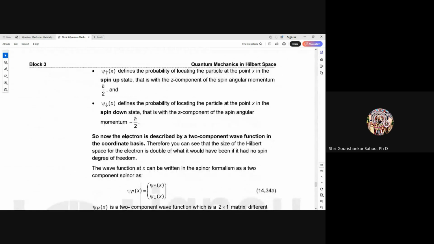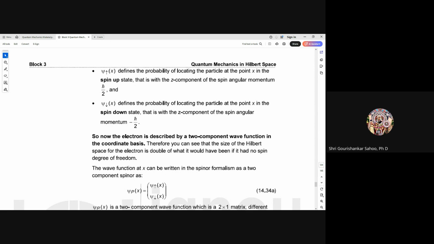So instead of representing the state of the electron at x by a single wave function psi, it makes more sense to represent the state by two functions, psi up and psi down, where psi up defines the probability of locating the particle at the point x in the spin up state, that is with the z component of spin angular momentum h-cross by 2, and psi down defines the probability of locating the particle at the point x in the spin down state, that is with z component of spin angular momentum minus h-cross by 2.